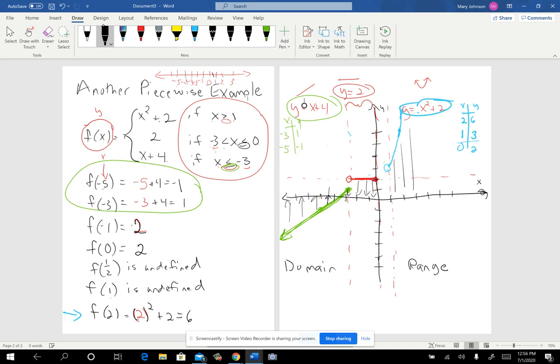So everything, this keeps going up and out. So everything over here, there's going to be x's that I can plug in from there. But when I get here to 1, you see how there's an open circle there? There's no ordered pair with an x of 1, so that's a gap. That's a hole. Then nothing happens between 0 and 1, but then at 0, that point (0, 2) happens, so that's going to be part of it.